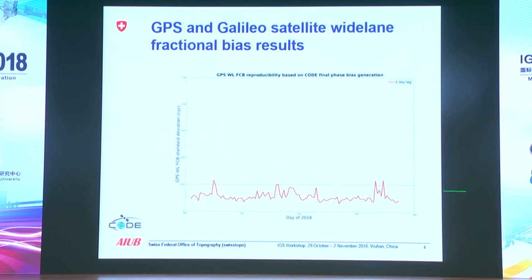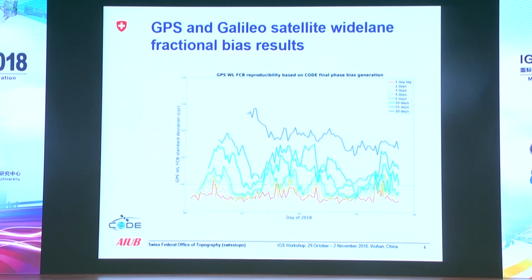And when we compare our values between consecutive days, then we're even on a lower level, 0.005 cycles. When we compare that with different lags, so the values you obtain now with those you obtained 30 days ago, they look like this, indicating that GPS values tend to slowly vary in time.